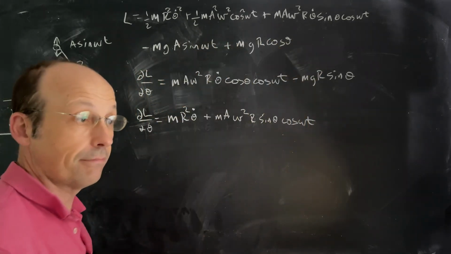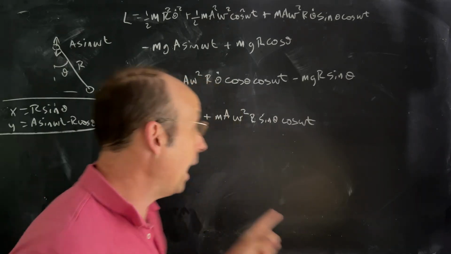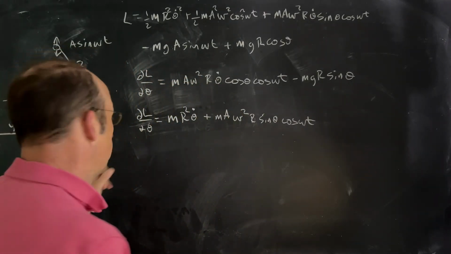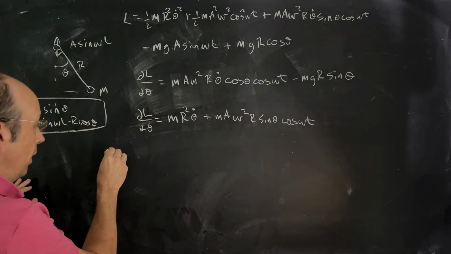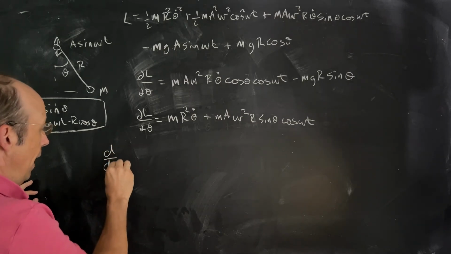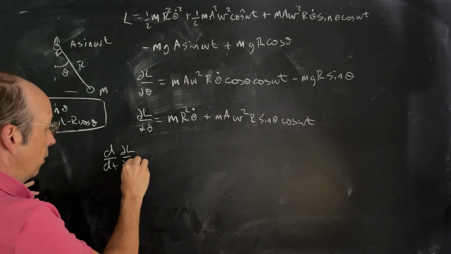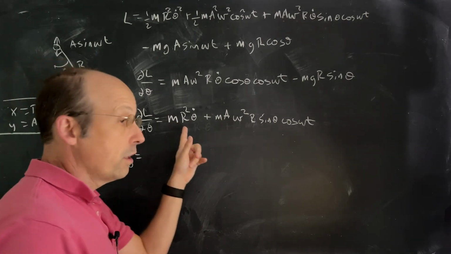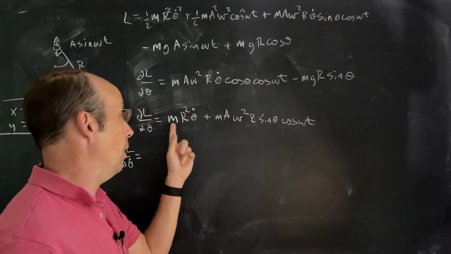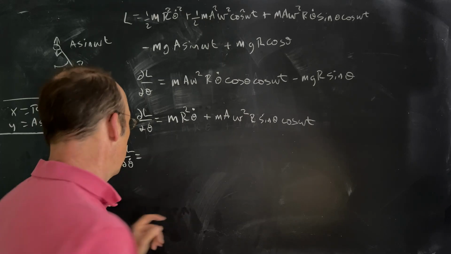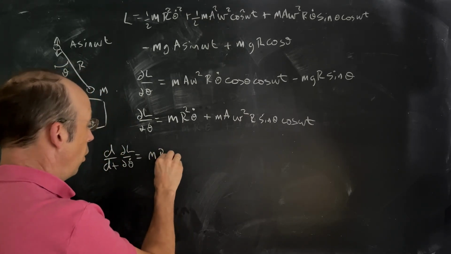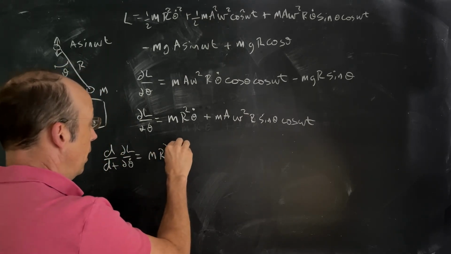Scanning, that's it. Okay, so now I have to take the derivative with respect to time. So now that does get a little bit messier, but that's fine. The derivative of the partial of L with respect to theta dot. Okay, so the derivative of this with respect to time, I can do that one because m's constant, r is constant. So I just get m r squared theta double dot.